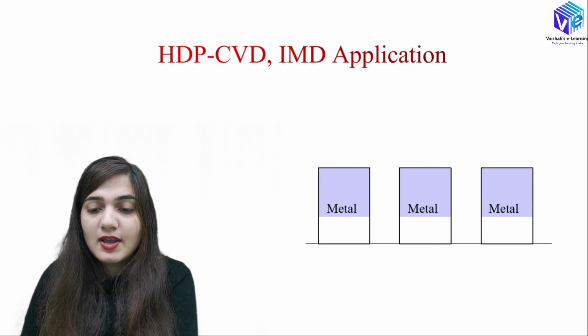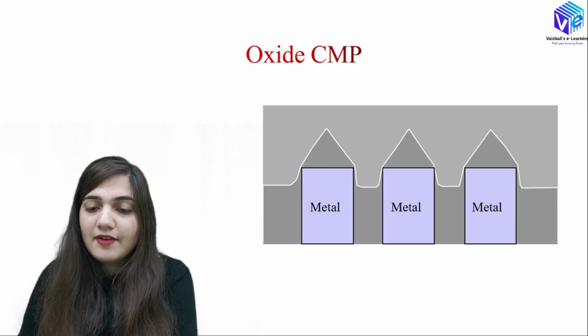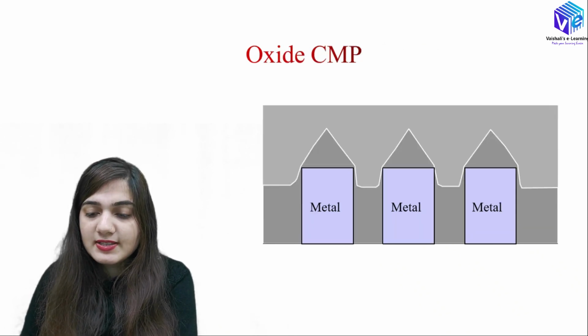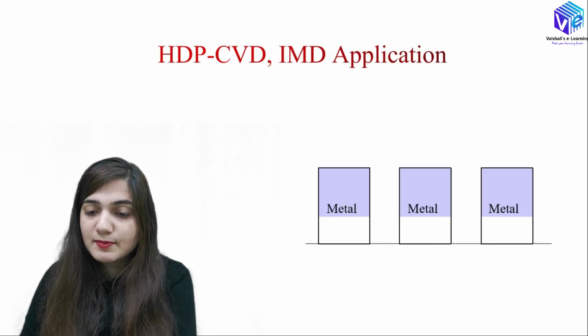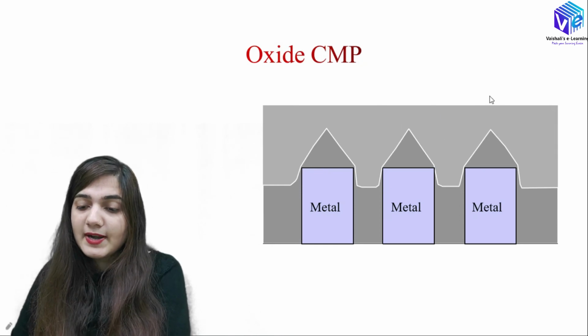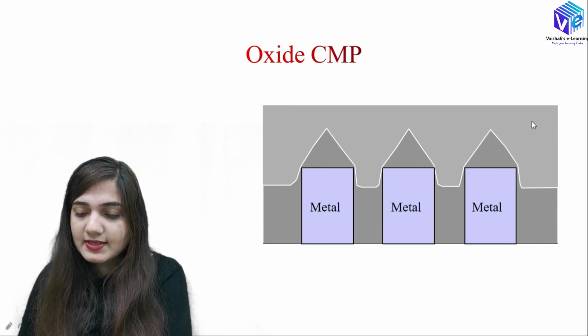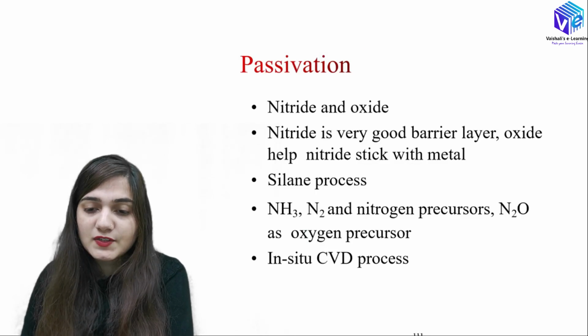So you can see this is HDP CVD and its IMD applications. After that we have the oxide CMP. Whenever we have done high density plasma chemical vapor deposition, after that we have to do chemical mechanical polishing to remove the excess layer of USG or any material that we have deposited.